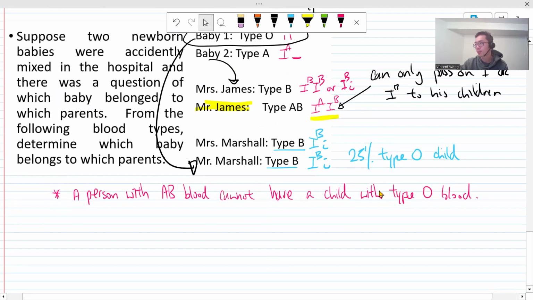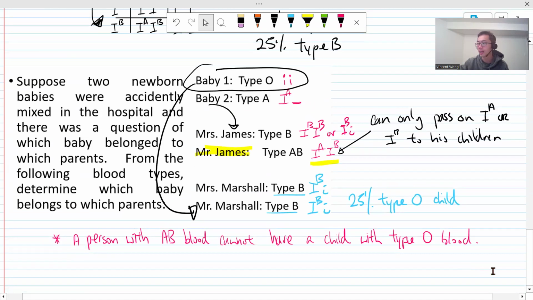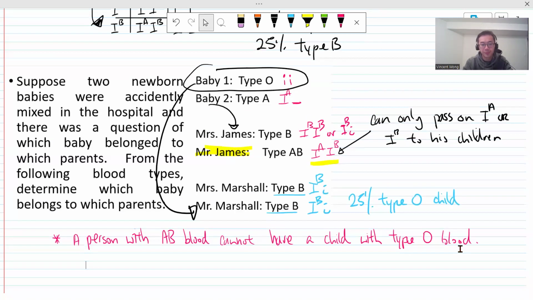Any other questions? Can I have another one of these statements, please? A person with AB blood cannot have a child with type O blood. Can I have another similar statement? What kind of blood type cannot have what kind of blood type? Help me out here.